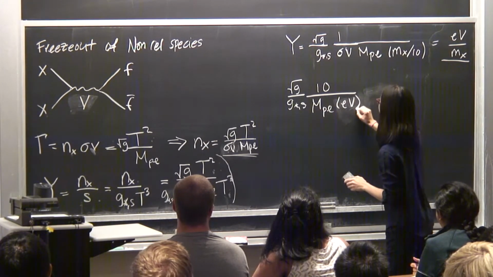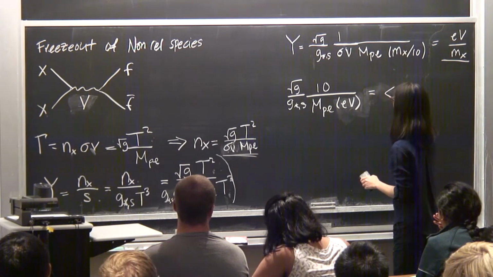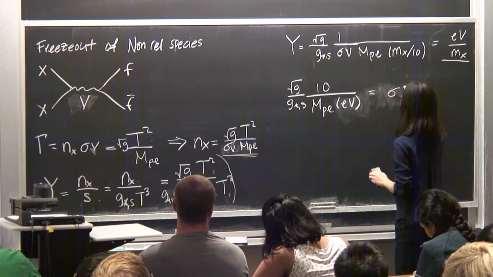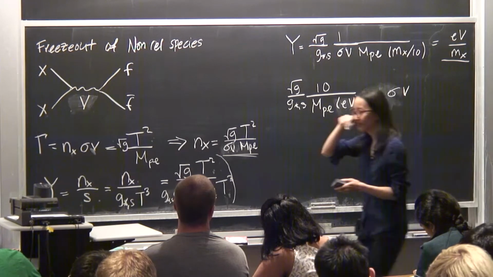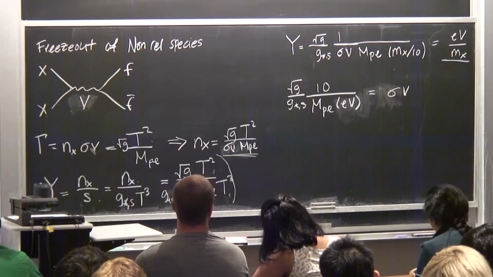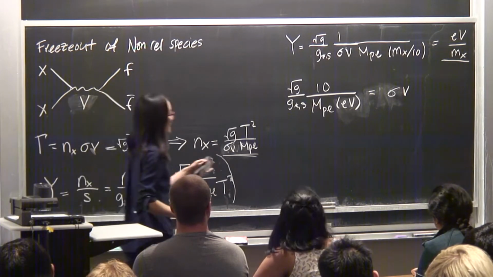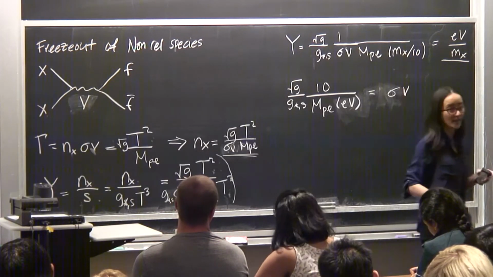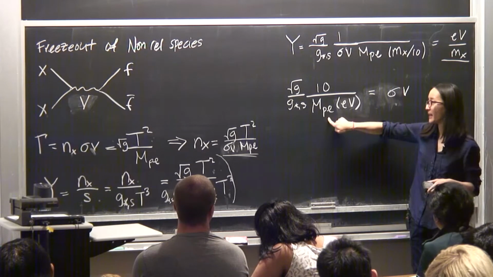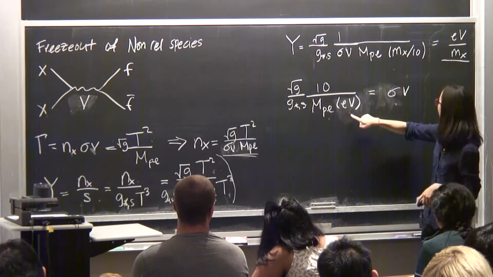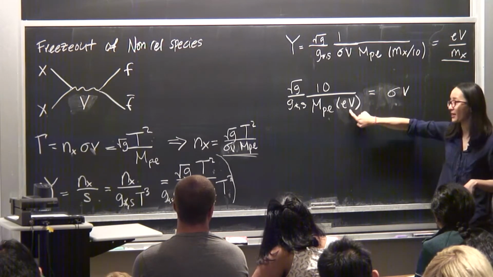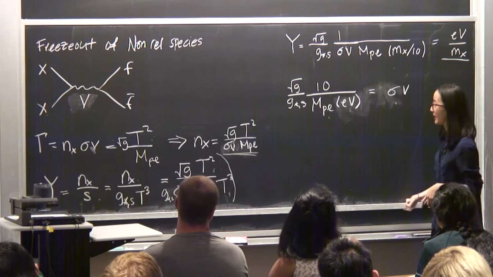Here's ρ_DM. Forget thermal averages. Okay, so from that relation, that tells me what the annihilation cross-section must be in terms of M Planck. This ρ_DM basically comes from matter-radiation equality to give us how much dark matter there is.